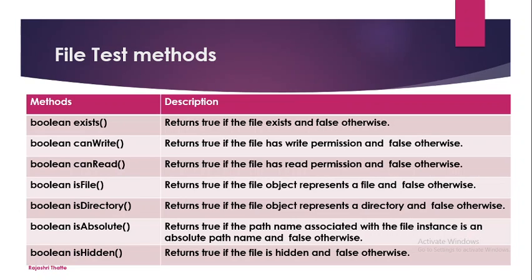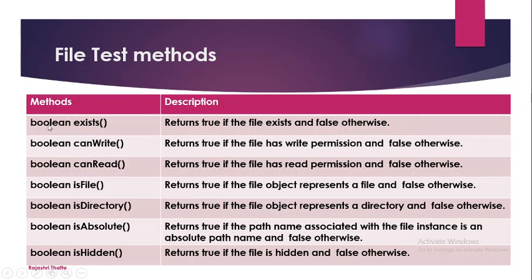This type of result we get as the return after executing the methods in this category. All these methods have return type boolean, which means as a result you will get a response of either true or false.